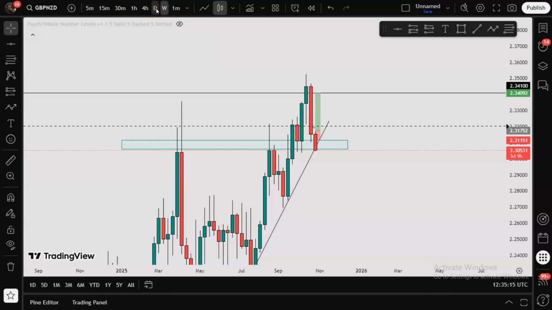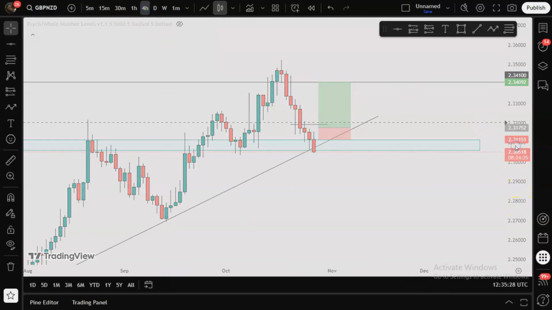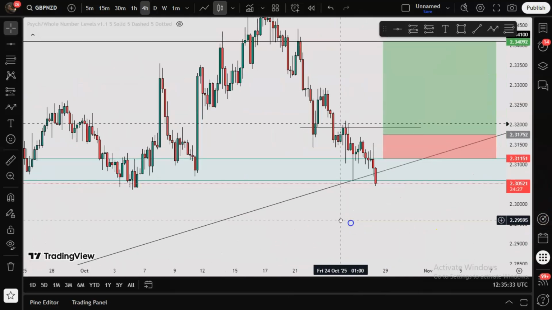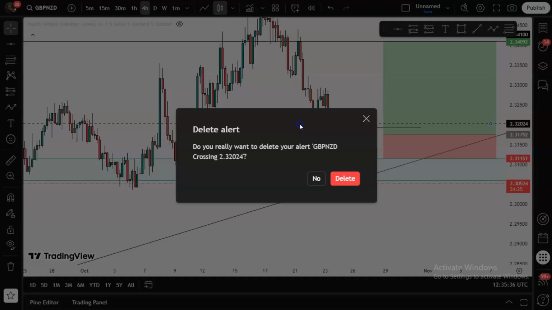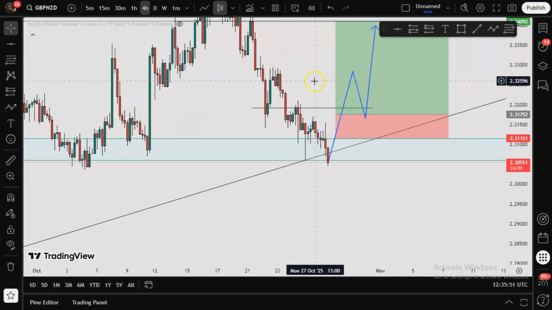So what I'm actually waiting for is, I drew my area of interest over here, 1, 2, 3 on the daily. I marked out my trend line liquidity that I'll target for my take profit. So what I'm actually waiting for is price should break this high over here, and then come to this area, and then we pick our entry from this area.